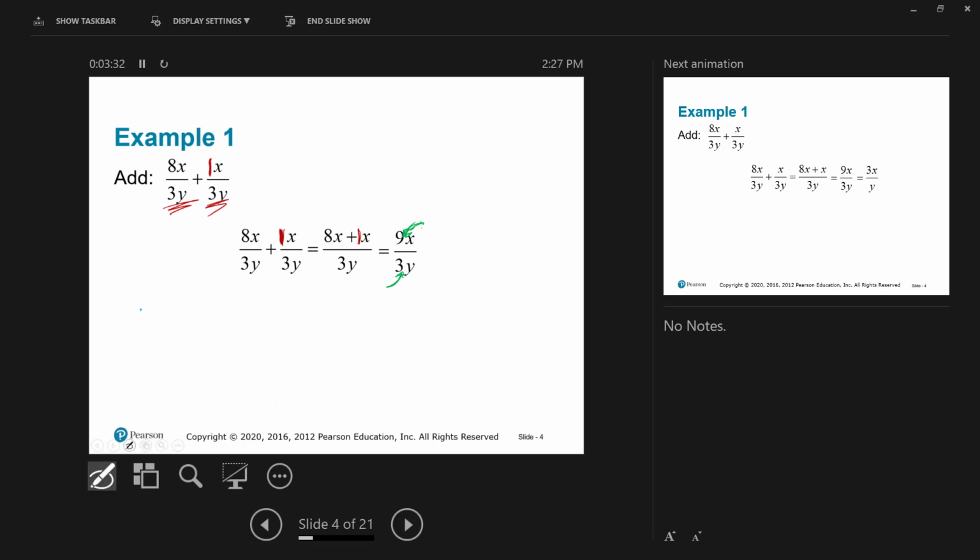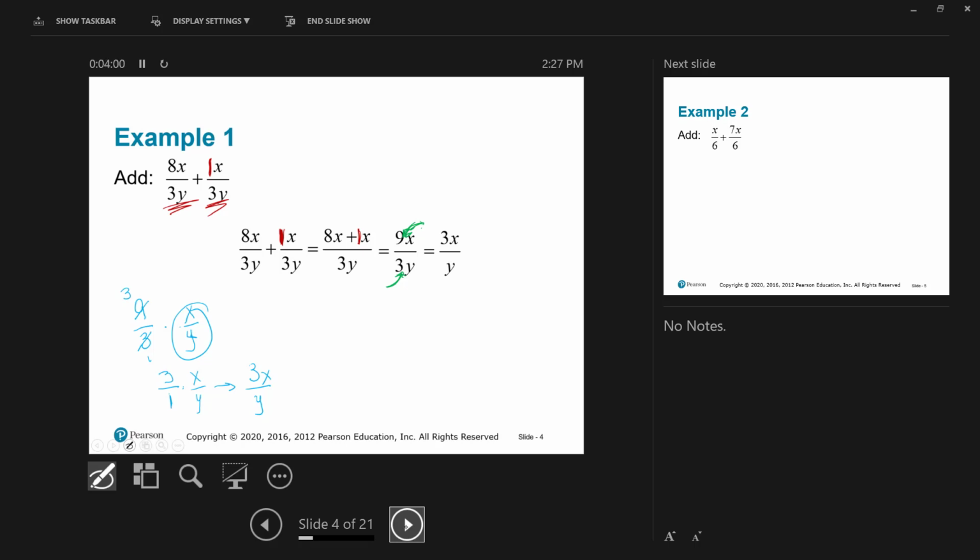We can almost look at it as 9 over 3 multiplied by x over y. Gratefully, we can cancel out the 3 and the 9. We can't do anything with the x and the y, which means we would have an answer of 3x over y, which is exactly what they have.